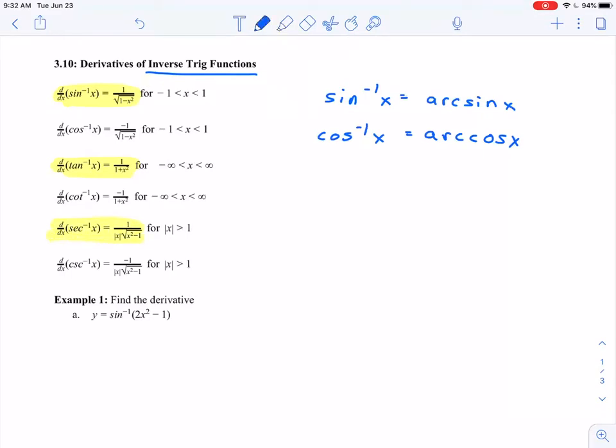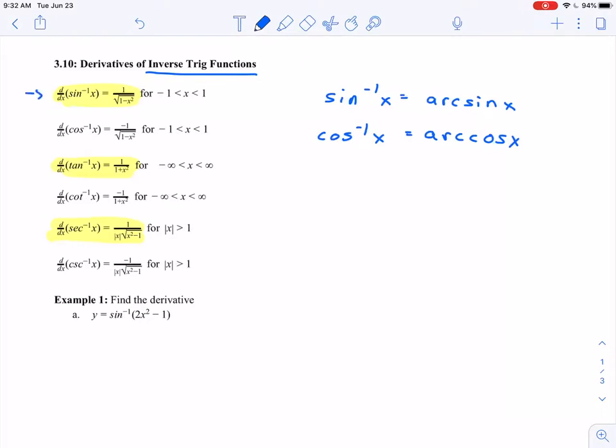So notice that these are all sort of the positive cases. We don't have that factor of -1. And they're all sort of half of the pair, right? Sine inverse of x was paired up with cosine inverse of x. Tangent inverse of x was paired up with cotangent inverse of x, and so on.